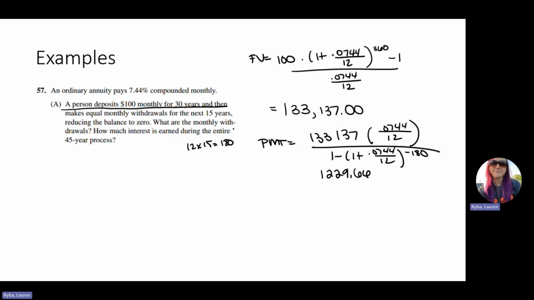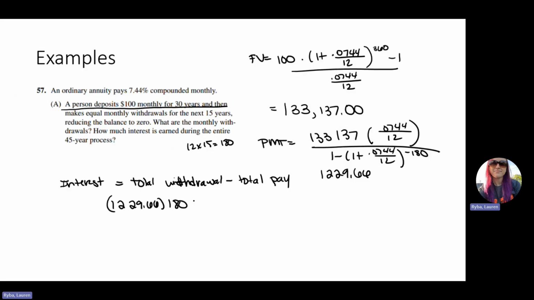The last question then is, how much interest did you earn over this entire period? So the way you do this, interest is equal to total withdrawal minus total paid in. We took out $1,229.66 180 times.